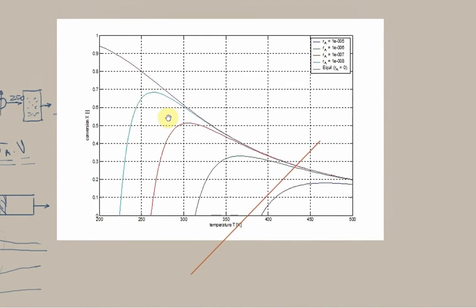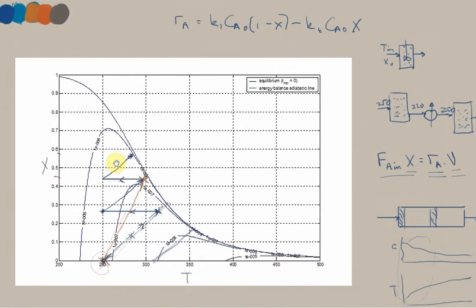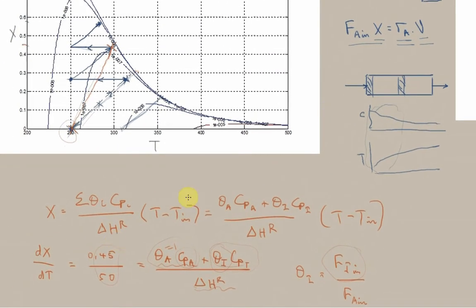So I've prepared one of our isorate lines with this additional adiabat here as well. So let's say this is an adiabat, and remember we draw these adiabats from this equation. So that's the equation of an adiabat, and the gradient of the line is simply this factor.